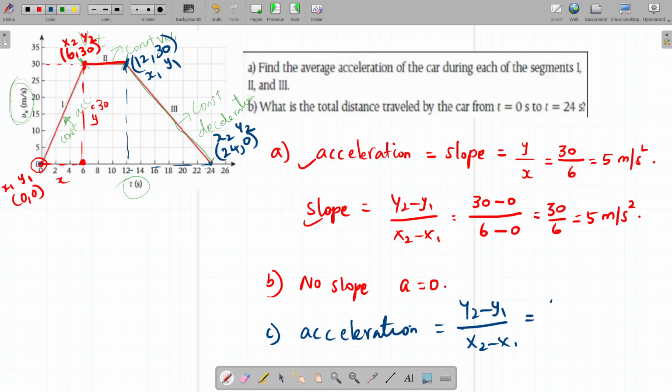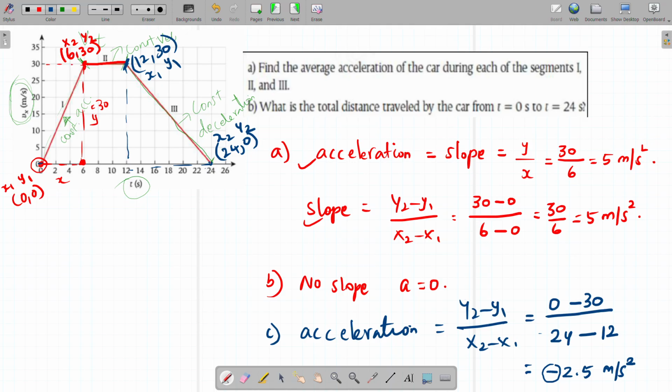Write the values: y2 is 0, y1 is 30, x2 is 24, x1 is 12. So your answer is minus 2.5 meter per second square.